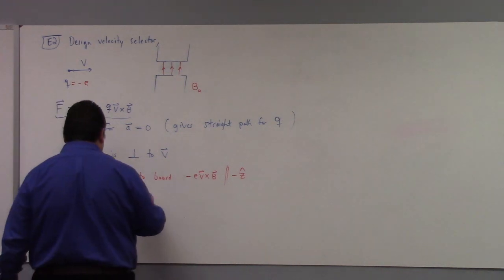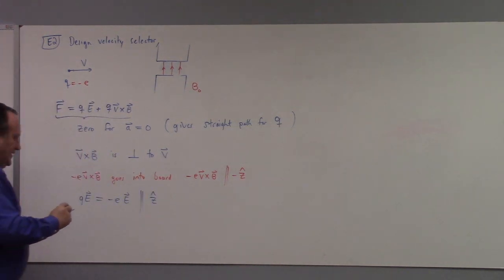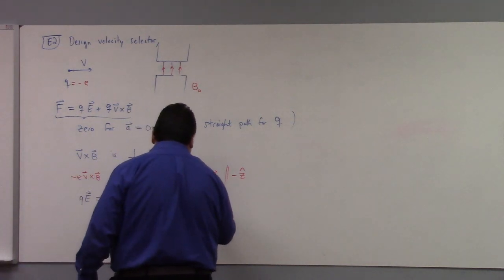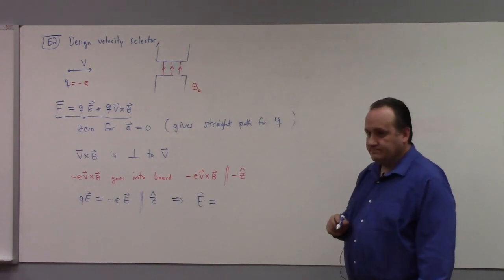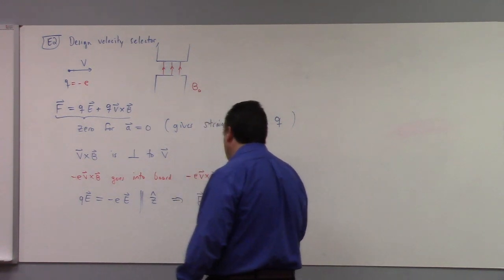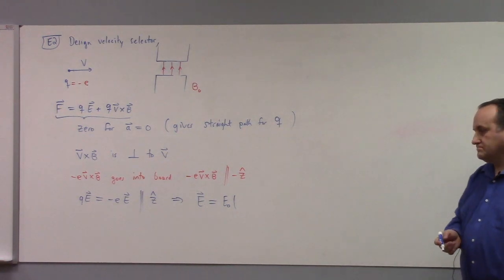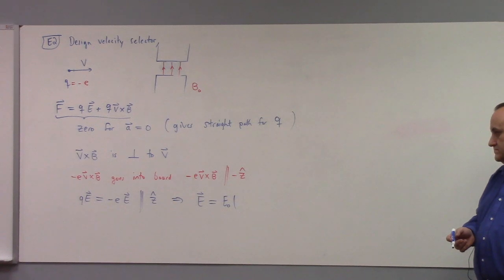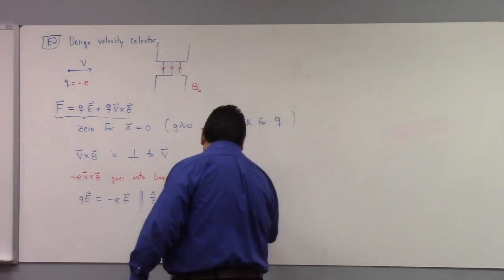So you'd like this to be parallel to Z hat, which suggests we should make the electric field something like E naught times what unit vector? Suppose we're looking for a constant electric field to keep things simple here. Z hat? Well, it's 50-50, so I'll go with it.